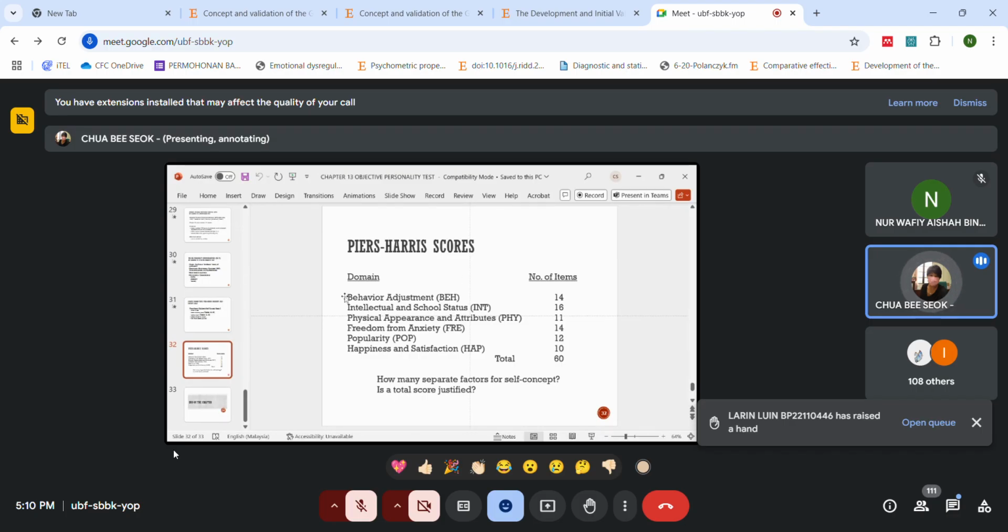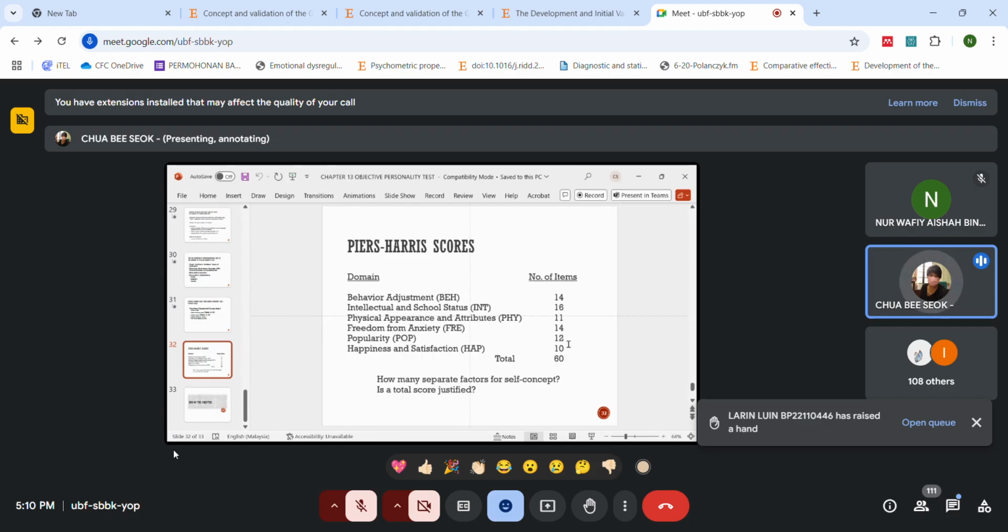These are the sub-skills for this Piers-Harris inventory: behavior adjustment, intellectual and school status, physical appearance, anxiety, popularity, happiness and satisfaction.